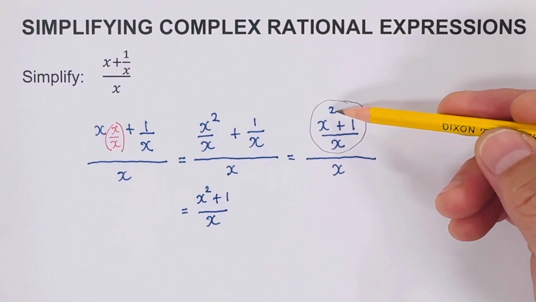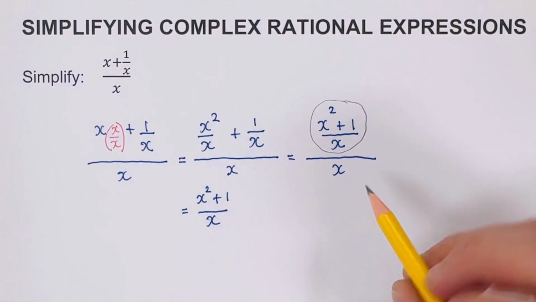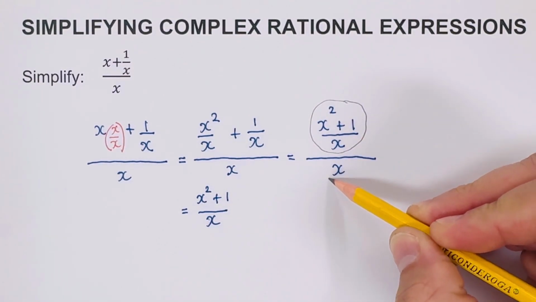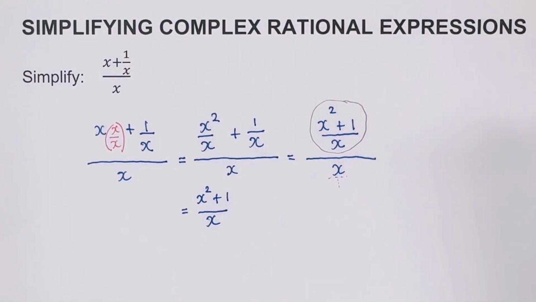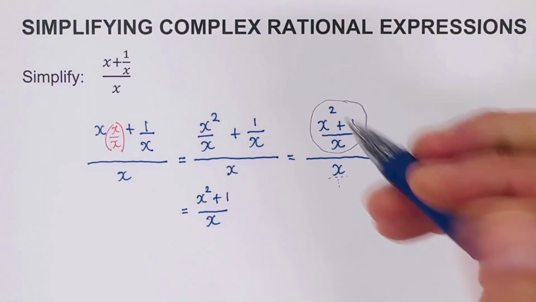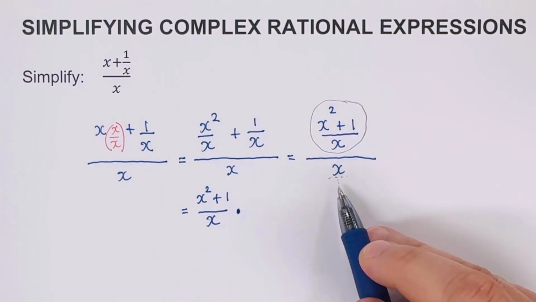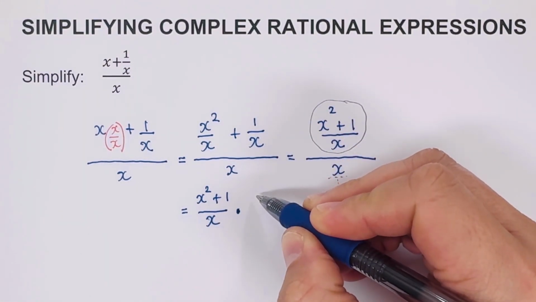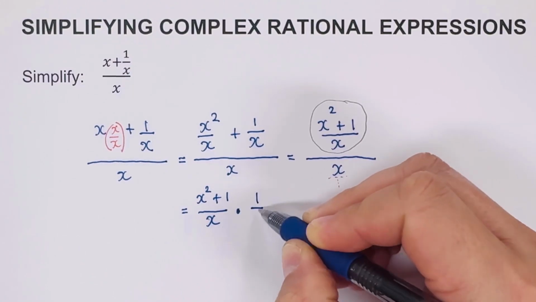I copied the numerator. This x has an invisible denominator of 1, so we get its reciprocal, flip it, and multiply it to the numerator. So that would be times 1 over x.